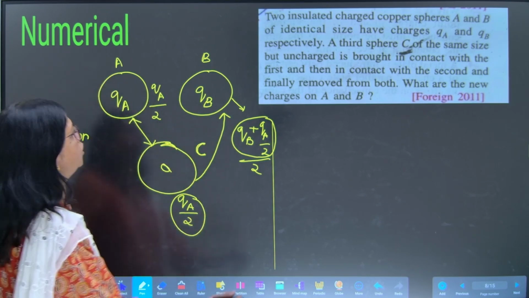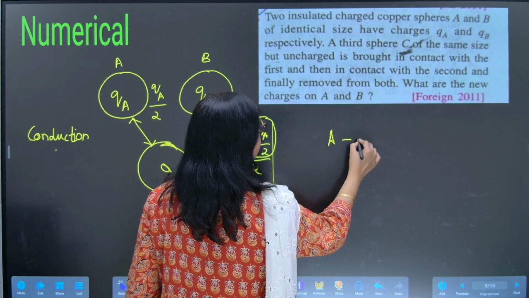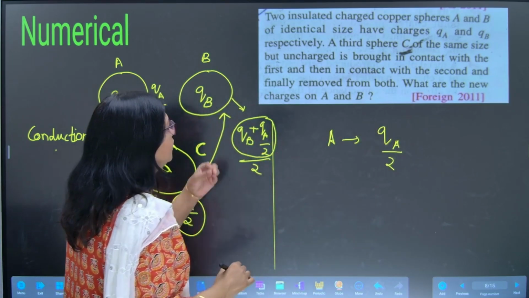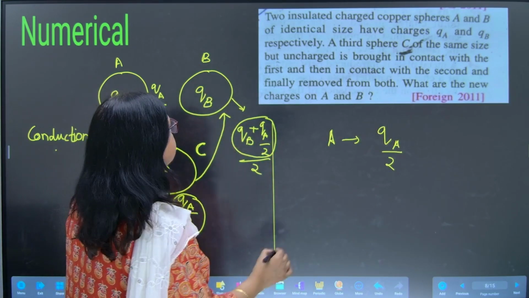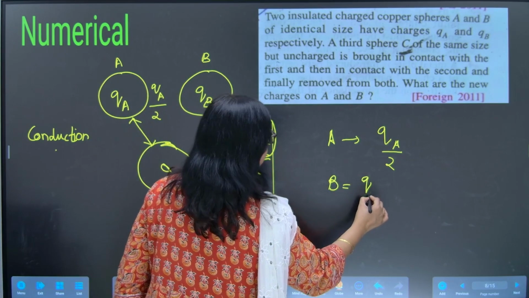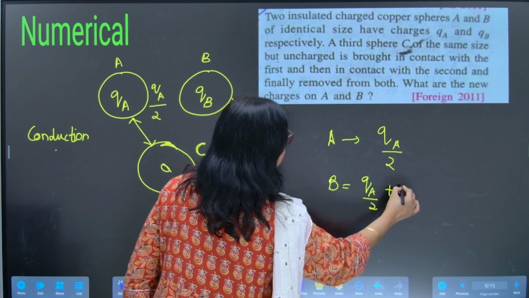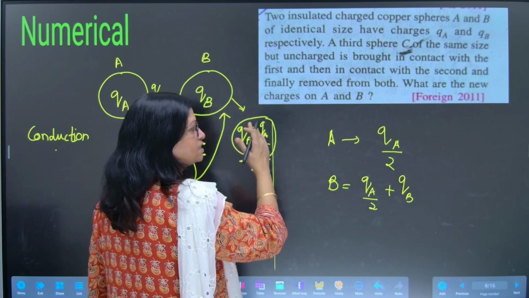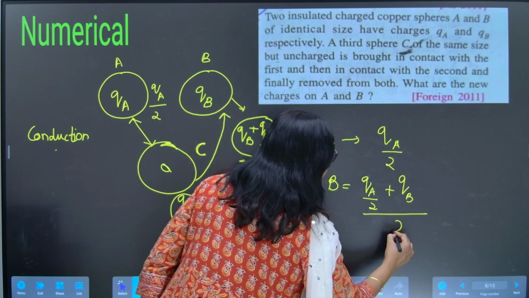The new charge on A is QA by 2. The new charge on B is QA upon 2 plus QB. As per conduction, it should be distributed equally, so I divide by 2.